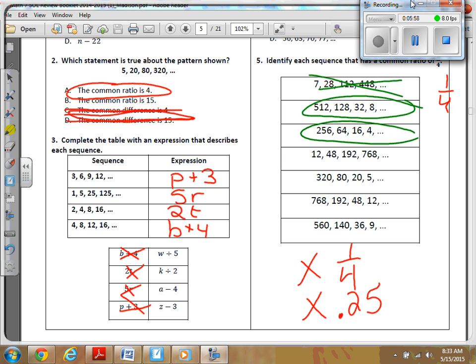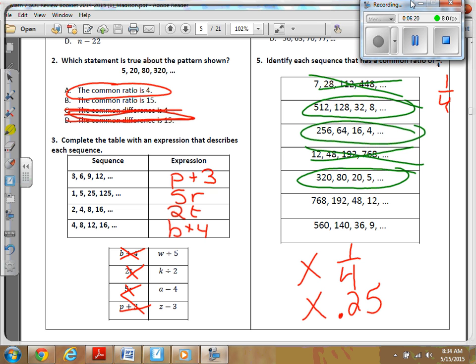Okay, so that is an answer choice. What's 12 times 0.25? Oh, so that's not an answer choice, is it? Because 12 times 0.25 is not 48. Okay, what's 320 times 0.25? What's 80 times 0.25? What's 20 times 0.25? So this one is an answer choice.